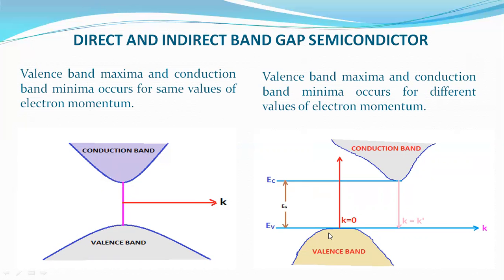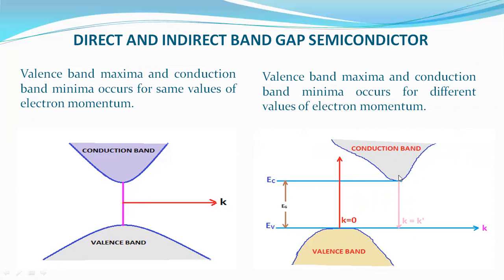And if they appear for different values of electron momentum, look here, the conduction band minima appears for a different value of k, and the valence band maxima appears somewhere else. That means the transition from valence band to conduction band here is direct, but here it is not direct.